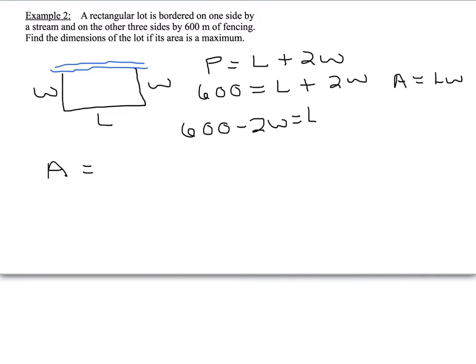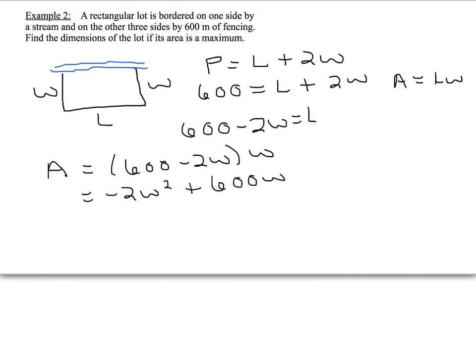Area is equal to length, so 600 minus 2w, multiplied by the width, length times width. Okay, we want to write this in expanded form. Okay, so we have negative 2w multiplied by w, negative 2w squared, and w multiplied with positive 600, so positive 600w.